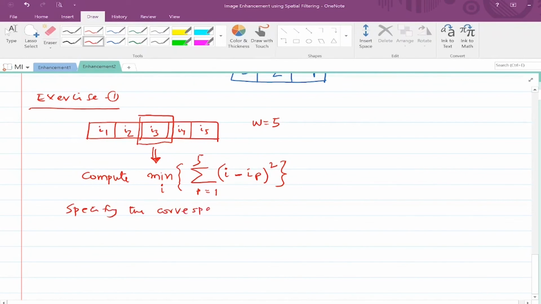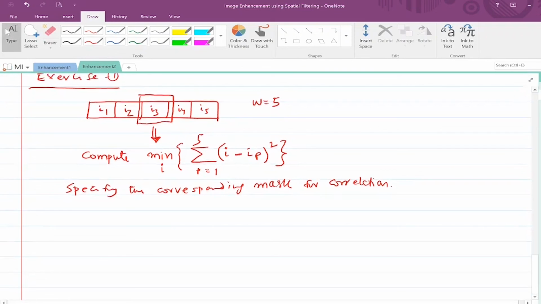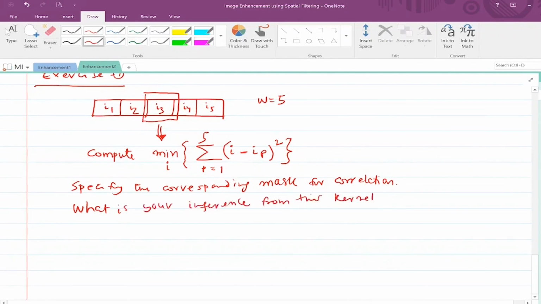That means I want to specify the corresponding mask for correlation, so that you would get the same operation done when you are going to correlate with that particular mask. Okay, and then can you somehow relate it to any of the examples that we discussed earlier, or something that you already know? So what I would like to take a look at is, what is your inference from this kernel? Okay, this is what I would like you to try out.